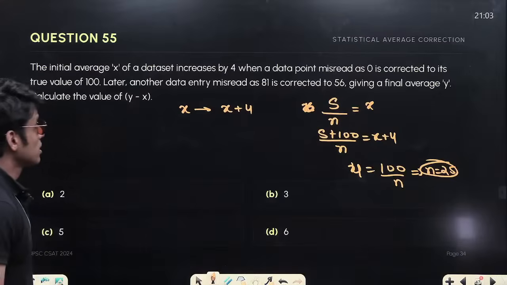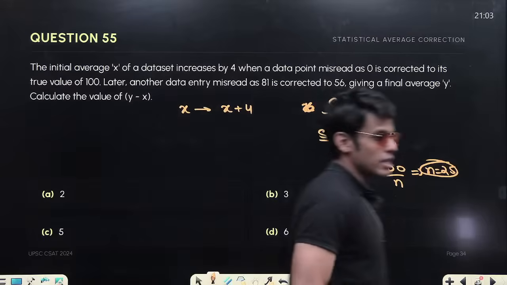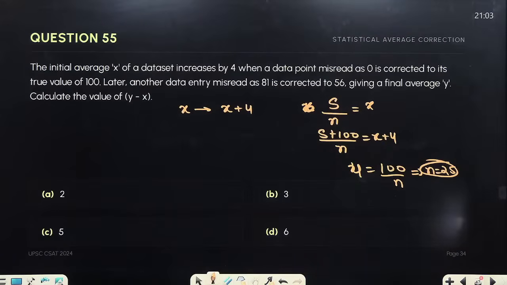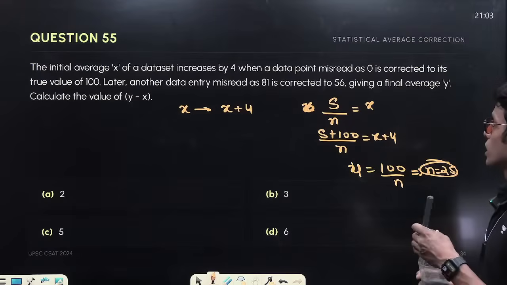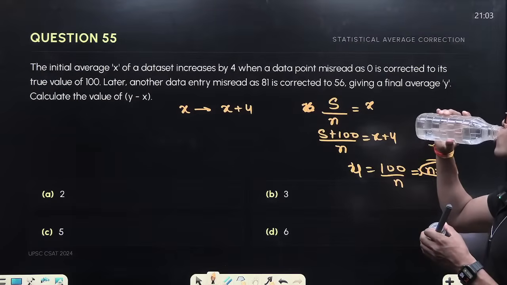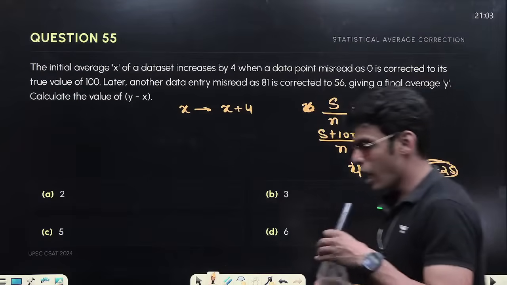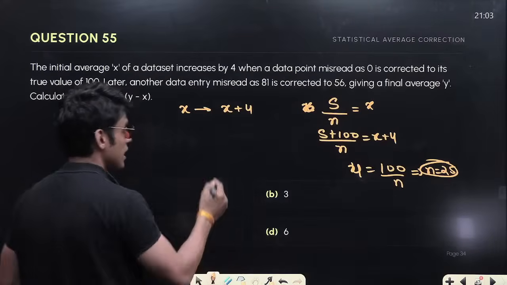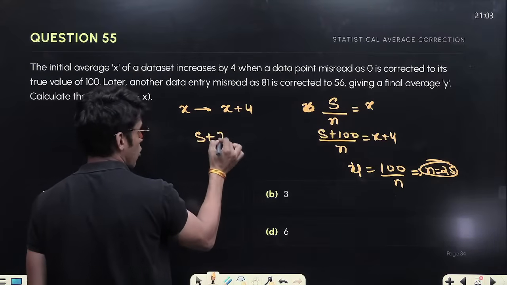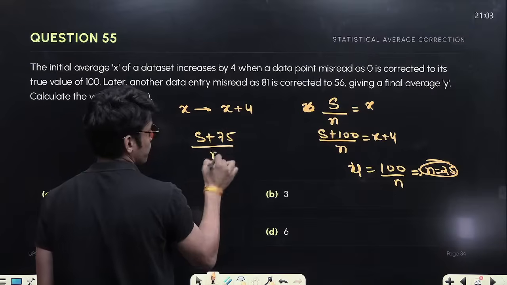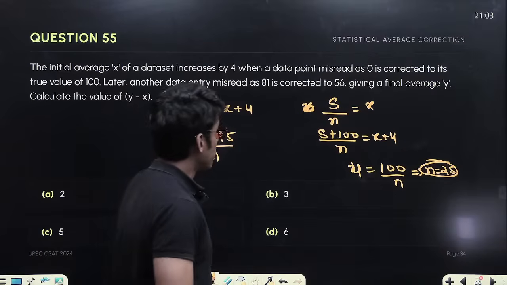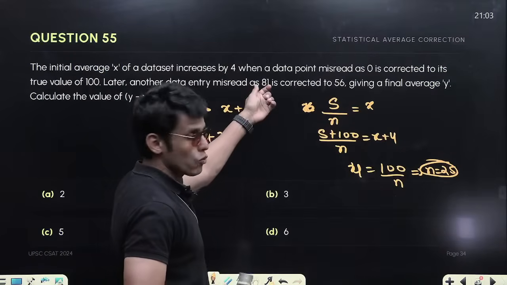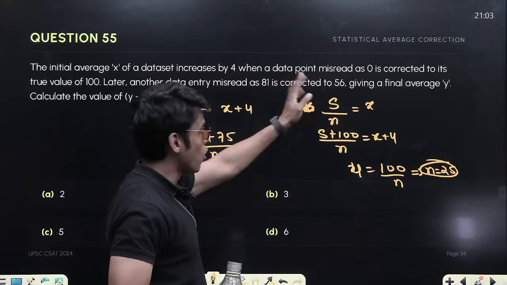Right? Now, what is the statement written here for the 55 problem? Later, the score of another student was found to have been recorded as 81 in place of 56. Now, see, your sum is now changing, because the entry which was misread as 81 is now corrected to 56.